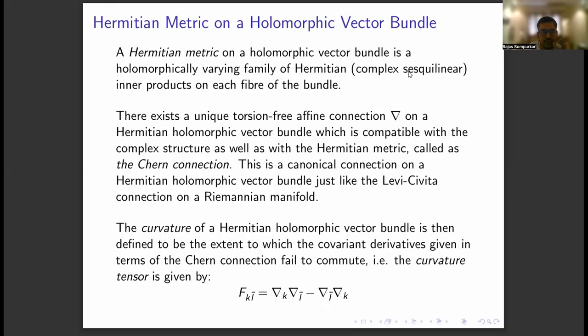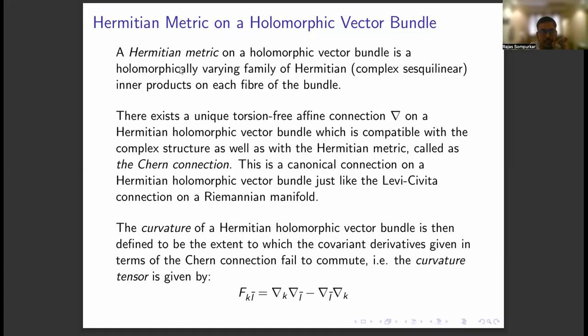This should be a complex sesquilinear inner product. It should be linear in the first component and conjugate linear in the second component. So we have this Hermitian inner product on each fiber of the bundle, and then this assignment of every point to the Hermitian inner product on the fiber corresponding to that point should be holomorphic.